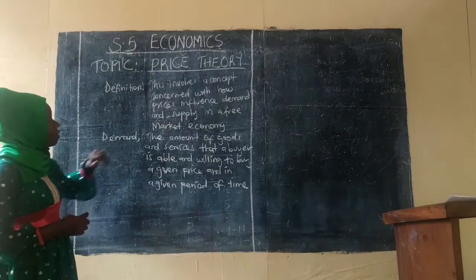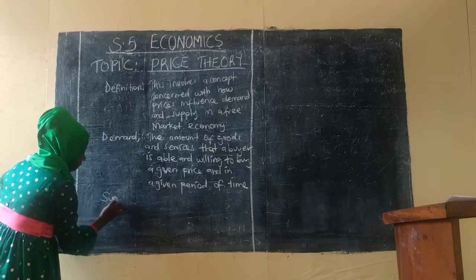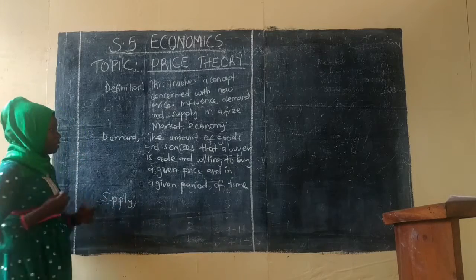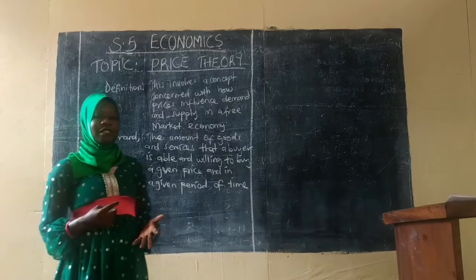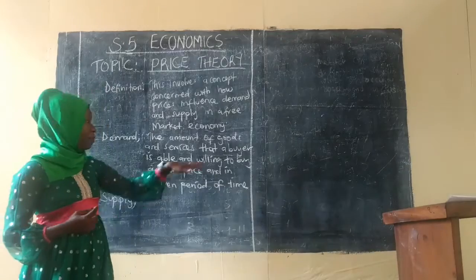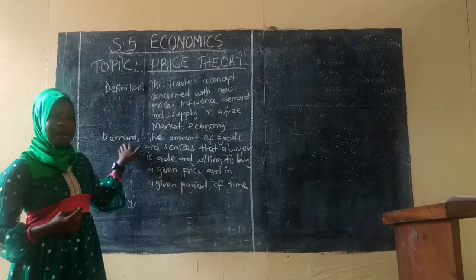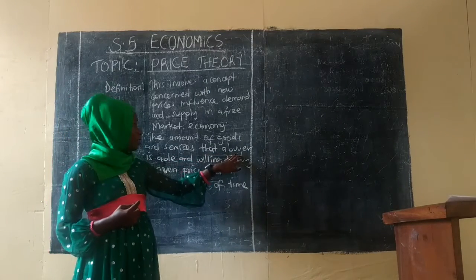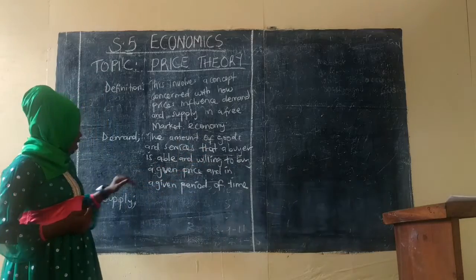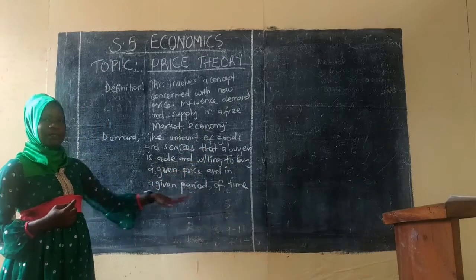We also have another term which is supply. And supply is also the amount of goods and services. This time we are not talking about the buyer. In demand, it is the buyer that is buying. And in supply, we are simply looking at the seller.